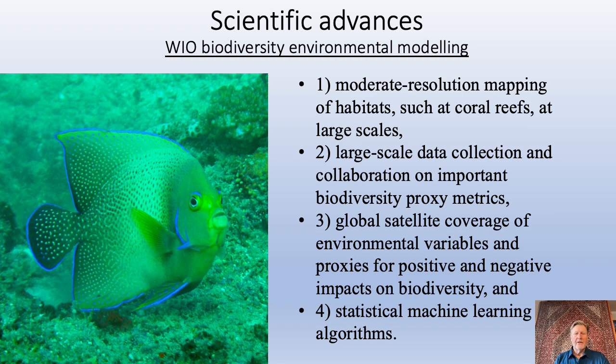There are more people in the field collecting data, oftentimes using similar methods, and we're more able to communicate with each other due to improvements in media, cloud data sharing, and all these other technologies that make it easier to work together. There's also complete satellite coverage, and from those satellite measurements, we have a number of environmental variables and proxies that are being produced that are very useful for estimating the state of the ocean.